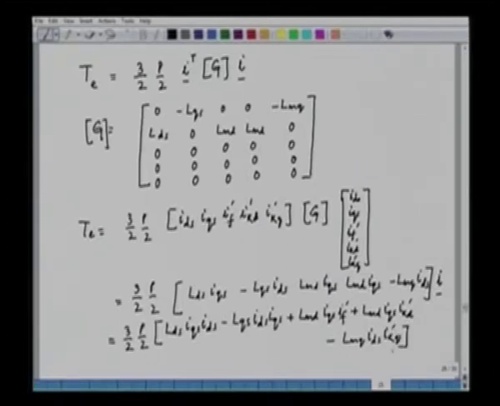So this is the expression for the torque, and this torque we can further simplify, and we can separate this into 3 different terms.